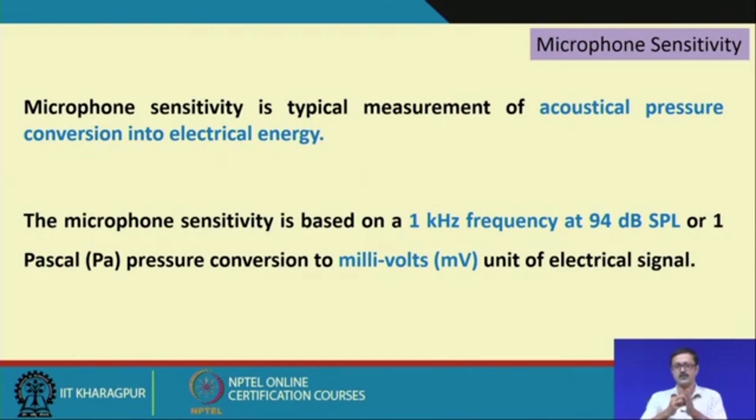Some microphones may provide many more millivolts and some may not provide that much. From that point of view, I can give some kind of stratification of microphone sensitivity, but the input is 1 kilohertz with 94 dB sound, which is equivalent to almost 1 Pascal.